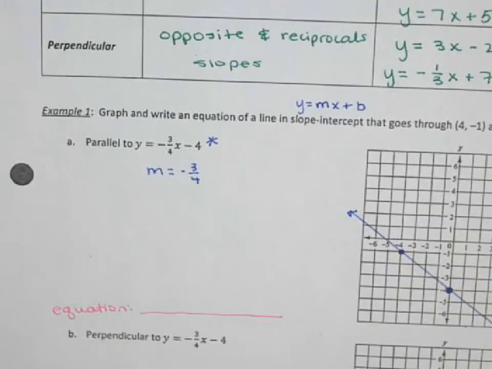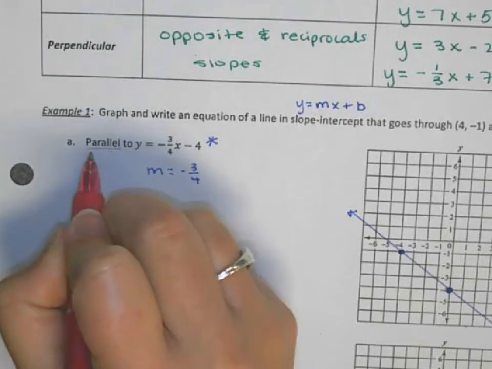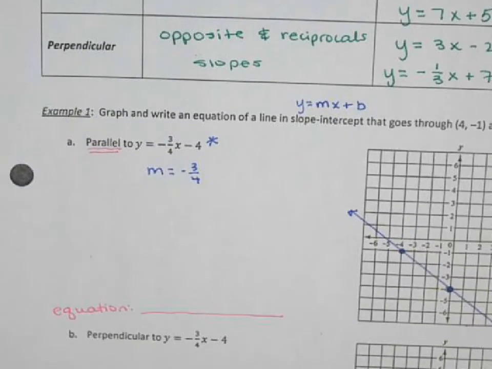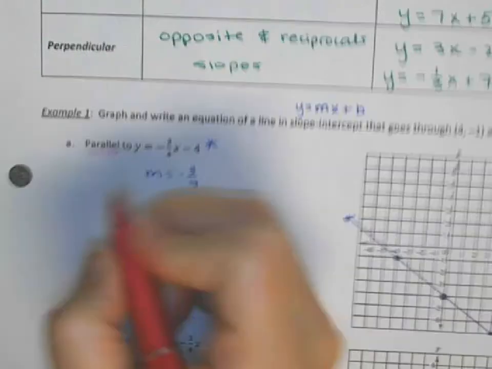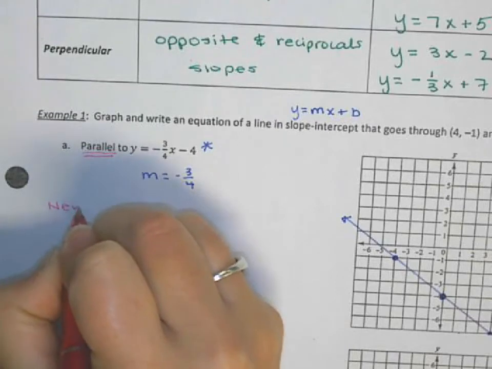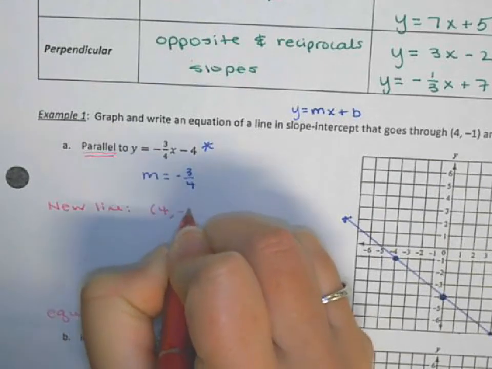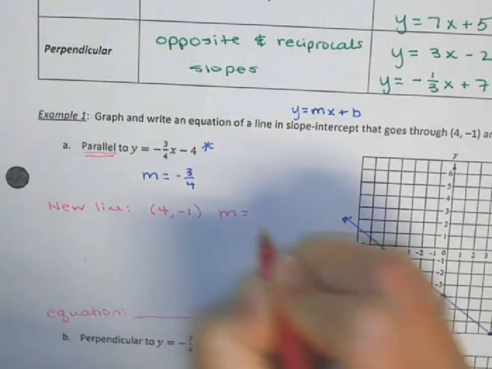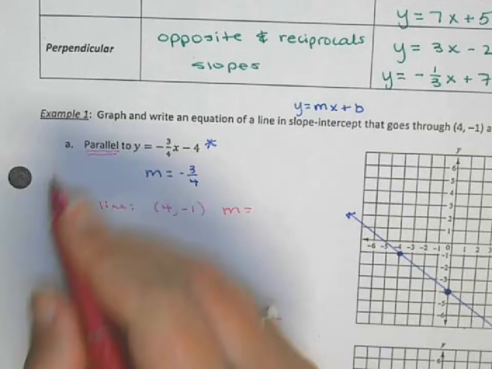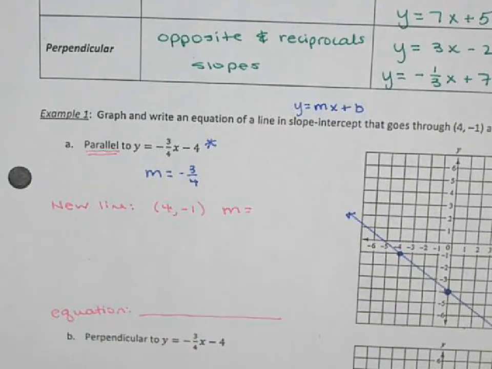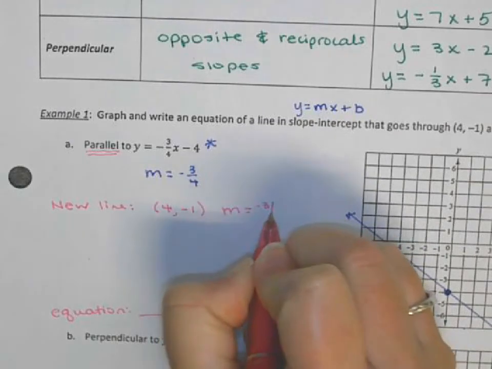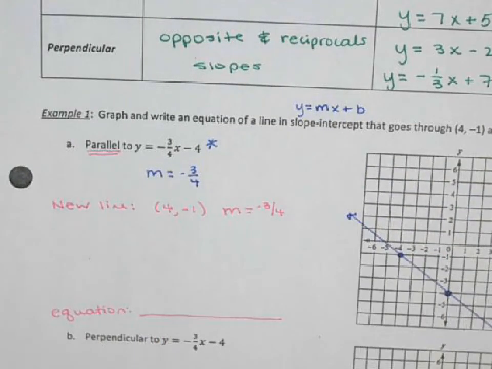Well, we're trying to write a line that's parallel. So what do we know about parallel slopes? They have to be the same slope. So my new line goes through the point (4, -1), so that's a point. And what is the slope of my new line if my original slope was -3/4? It also has to be -3/4 because the slopes are going to be the same.